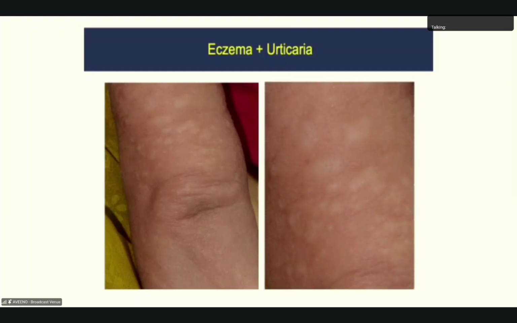And this one indeed is quite difficult to differentiate based on single photos. You have to observe, take a photo again, take a photo 24 hours later over the same area again. This urticaria, papules, and plaque should disappear without leaving any stain over the affected area. That's how we differentiate eczema from urticaria.